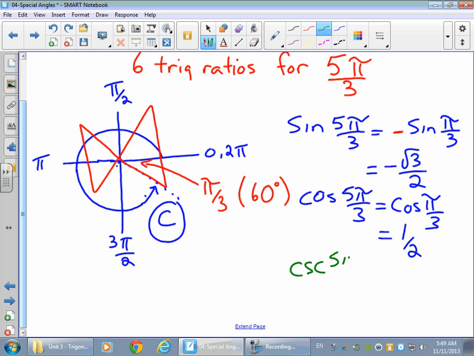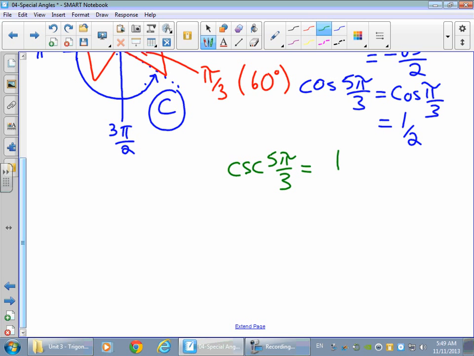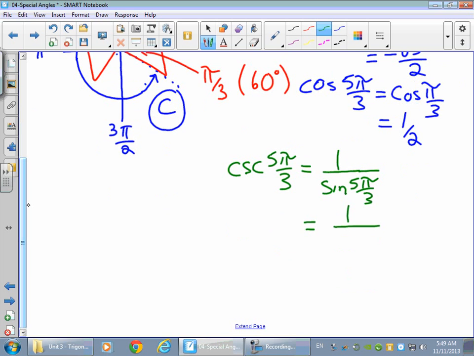Cosecant 5 pi over 3. You want to recognize is the same as 1 over sine of 5 pi over 3. So it's essentially 1 over the negative root 3 over 2 from earlier in the question.